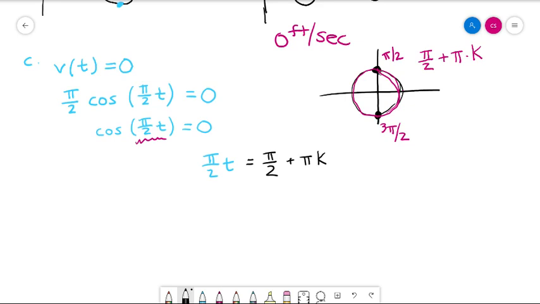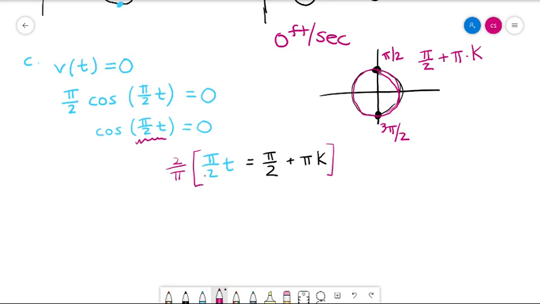So when is our argument equal to this expression? Because that's when we're going to land at the y-axis. We are essentially solving this for t. What would we have to do to solve this for t? To figure out the times that we're at rest, let's get rid of this coefficient by multiplying both sides by 2 over pi.